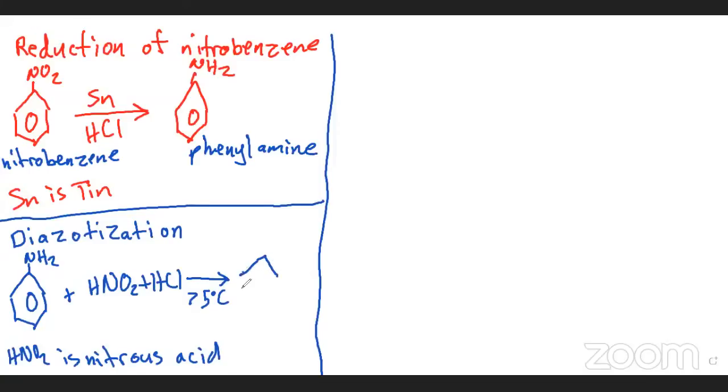And what you are going to get is a nitrogen compound. The nitrogen atom has a triple bond to nitrogen and Cl. So just remember this structure.